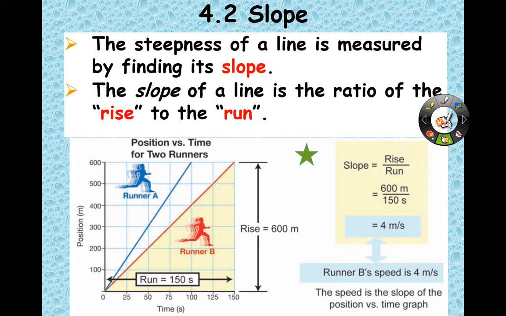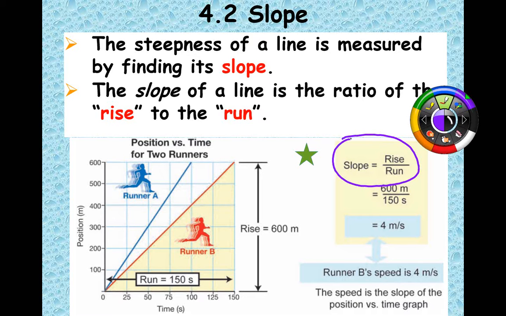What are we talking about when we're talking about slope? When you're talking about slope, you look at the various axes. You have the vertical axis, the y-axis, versus the x-axis. To find slope, you're going to use a formula you've used before: rise over run. Rise is the y-axis, run is the x-axis. You're going to count your units, or the amount that's on your rise. In this particular example, it's 600.